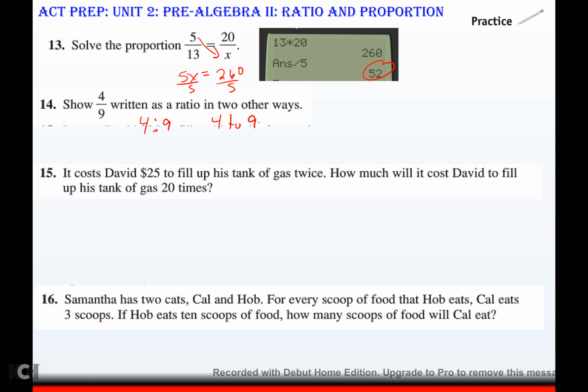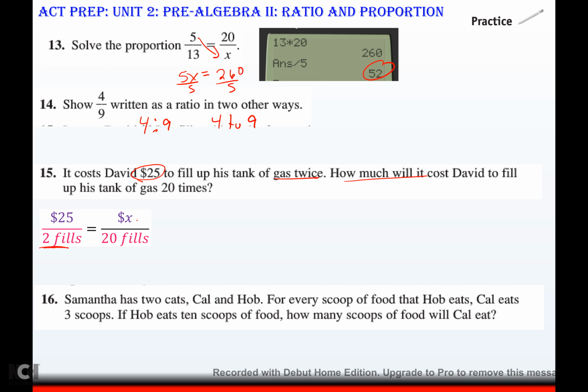15. If it costs David $25 to fill up his tank of gas twice, how much will it cost David to fill up his tank of gas 20 times? Well, I'm going to set it up. Sorry. It's going to cost $25 to fill up his gas tank twice.